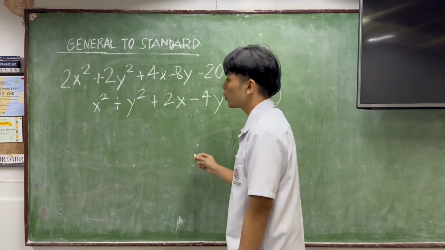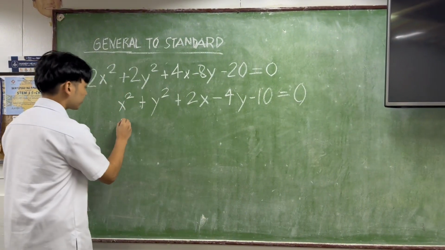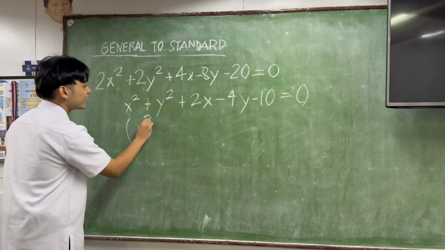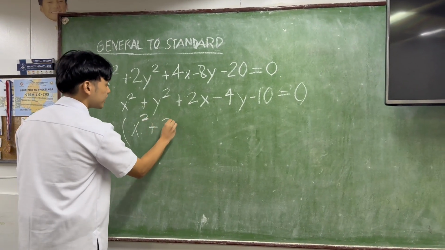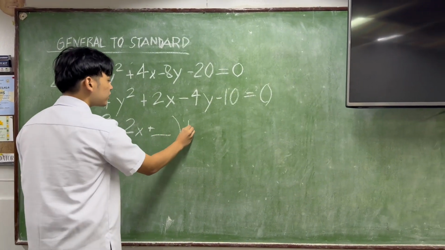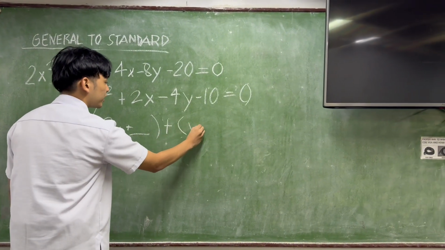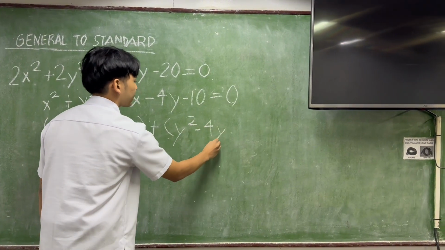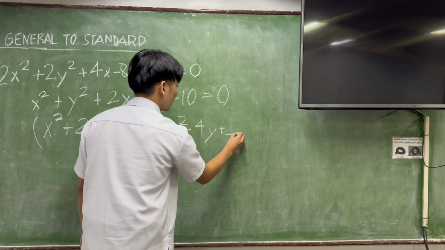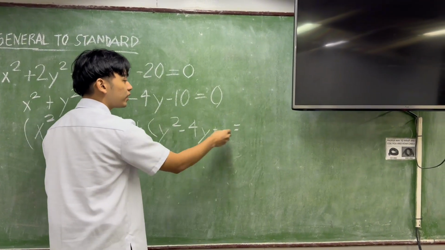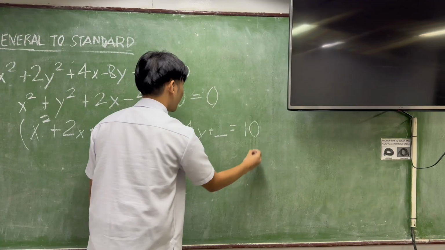Now, we need to group like terms. So that would be x squared plus 2x, and then we leave a blank, plus y squared minus 4y, and then leave a blank again. And then let's move our constant to the other side. So negative 10 would be positive 10.